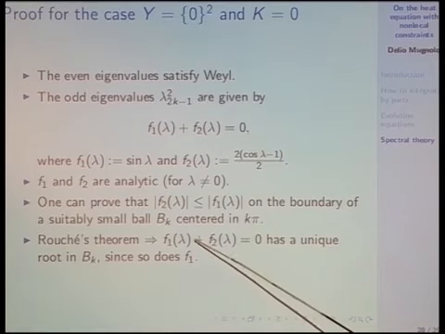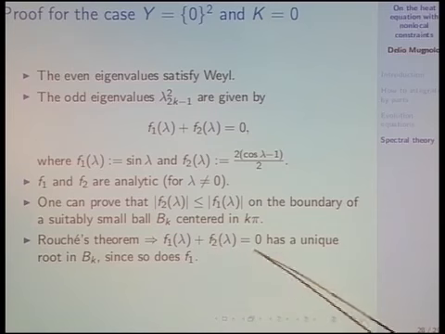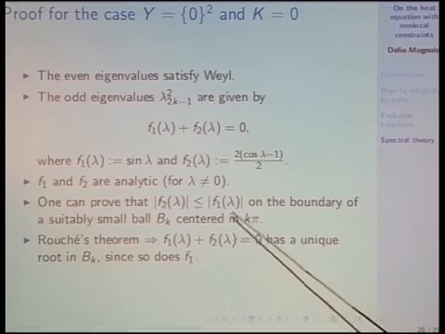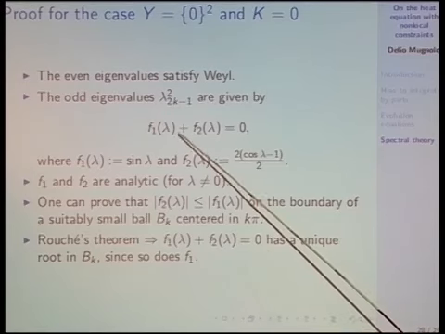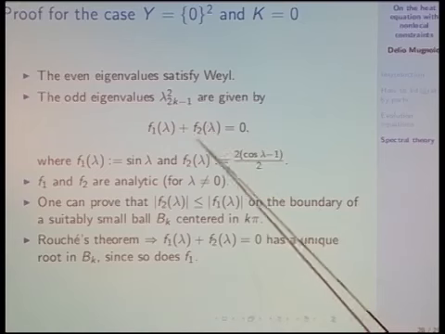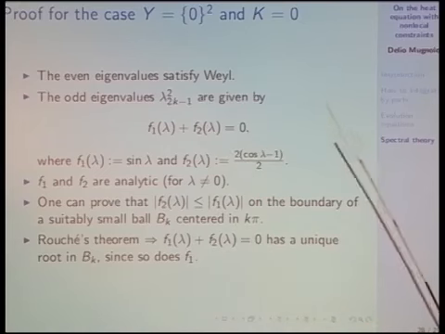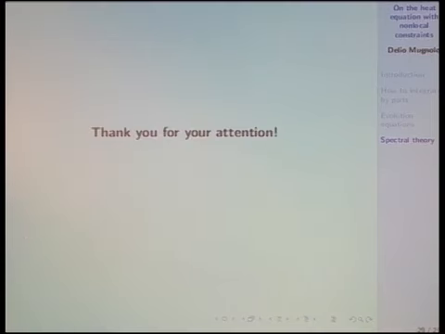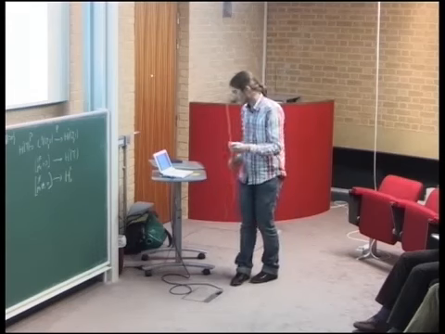Because the first one has just one root, you get that also this sum has one root. Because for f1 you know the asymptotics, you also know it for this sum, plus you even know that all eigenvalues are simple. So it's valuable information. Okay, and with this I would like to stop, and thank you for your attention.